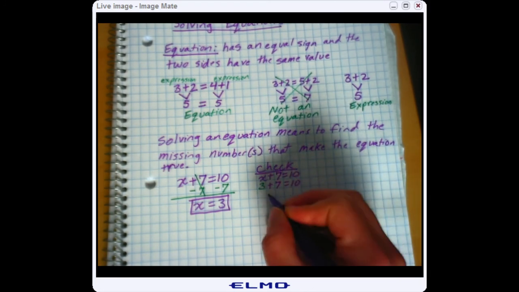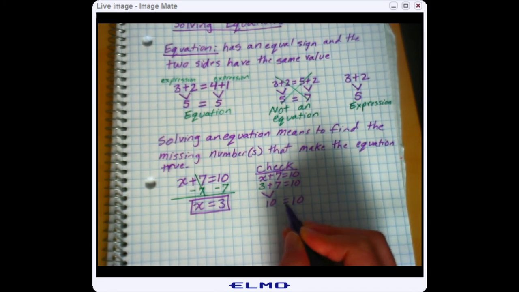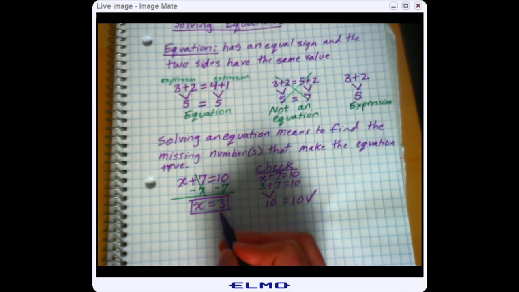So then I just simplify each side independently. So 3 plus 7 I see is 10, and I still have my equal sign, and the other side doesn't have any simplifying left, and I can see I do have a true statement at the end. So x being 3 is my missing value that makes this an equation, that makes it true.